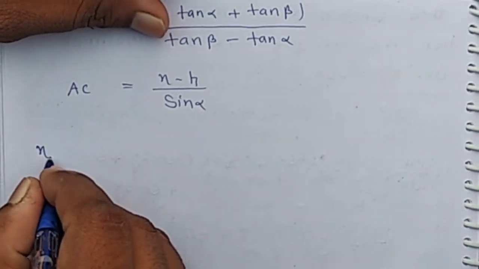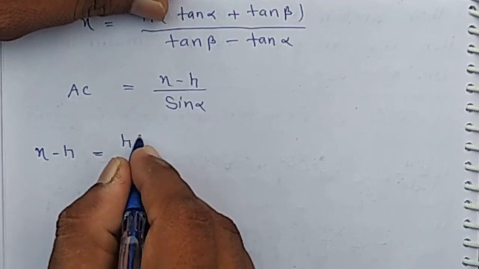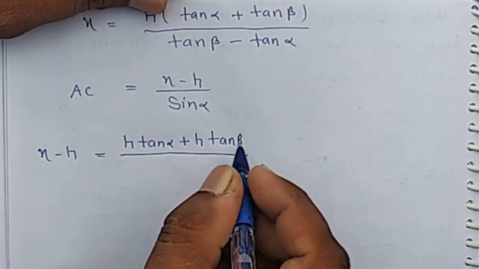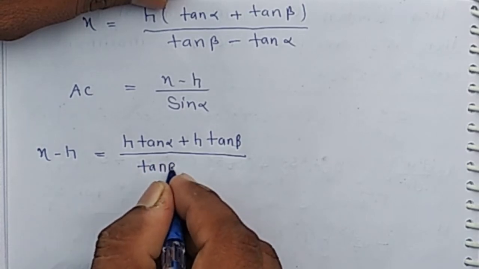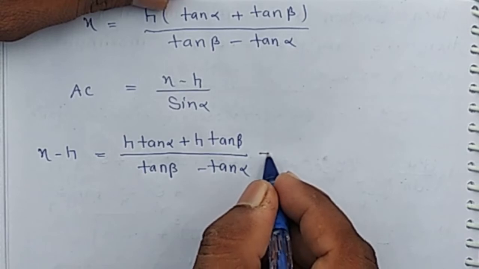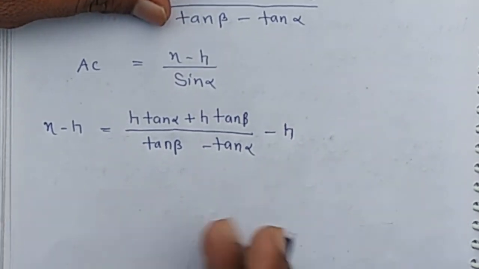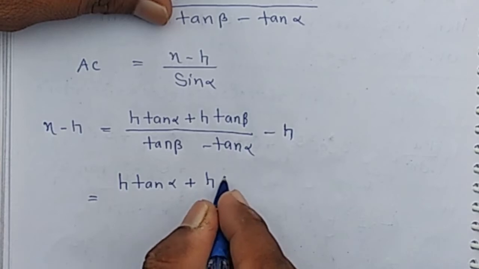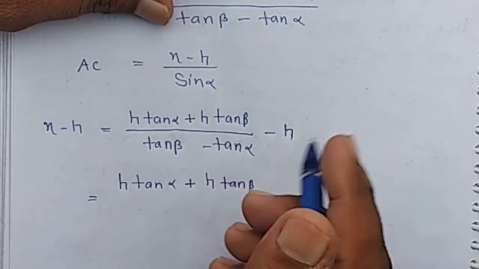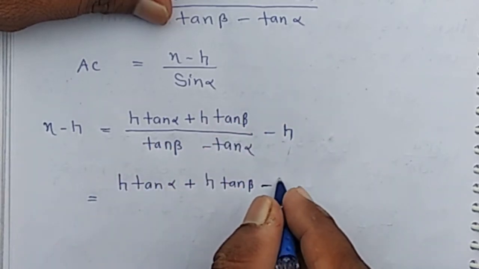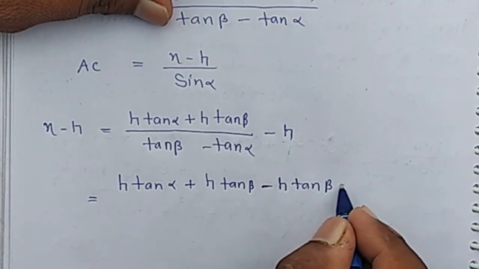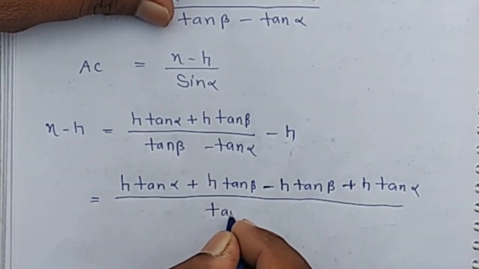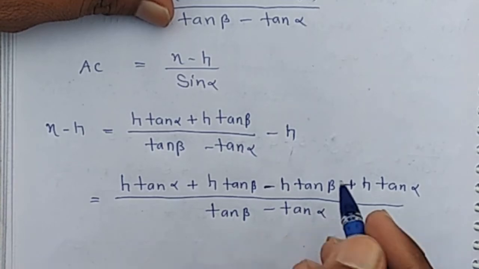Now X minus H, the value of X is H times tan alpha plus tan beta over tan beta minus tan alpha, minus H. Open the bracket, tan beta minus tan alpha, and H is H. Now take LCM, we get H tan alpha plus H tan beta, and this term is multiplied by H, means minus H tan beta plus H tan alpha, by tan beta minus tan alpha.